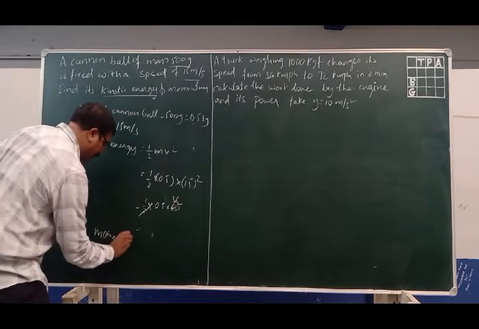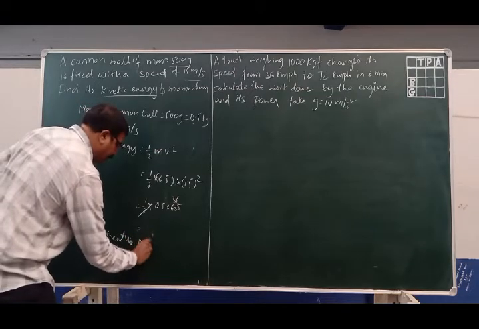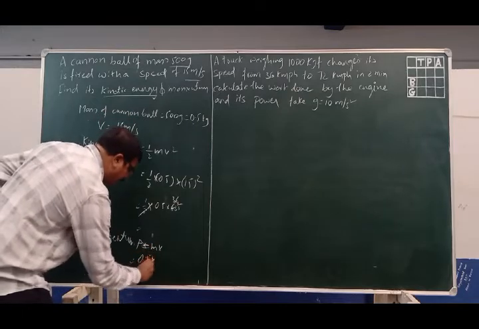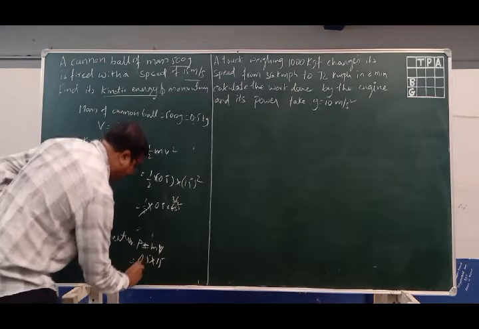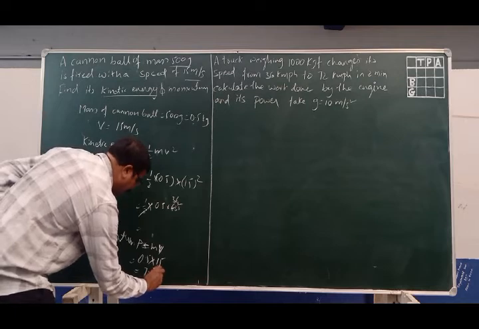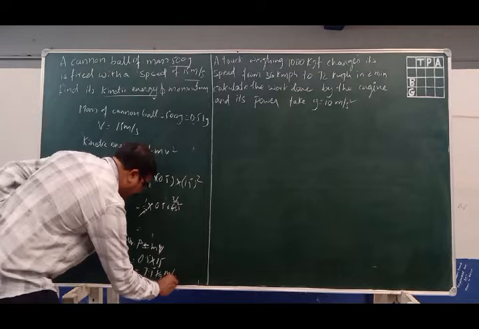Momentum P is equal to mv, that is mass 0.5 kg into what is the velocity we have? Velocity we have as 15, that is 7.5 kg meter per second.